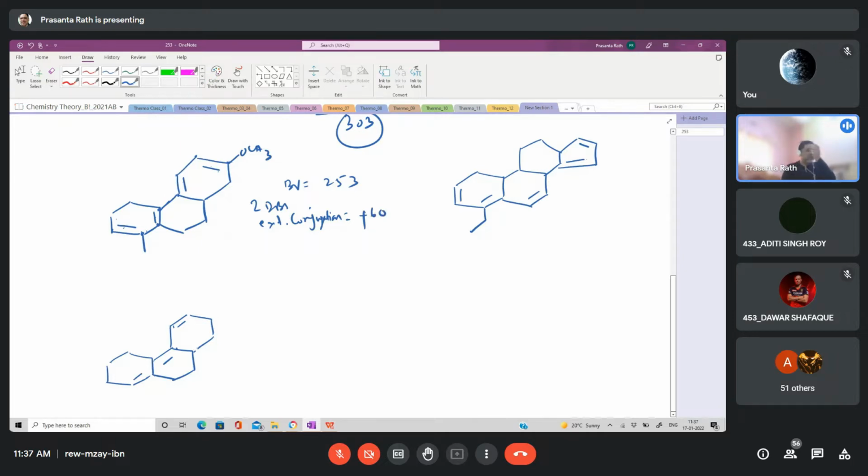One double bond extending conjugation is plus 30. So there are two double bonds extending conjugation, so that is plus 60.